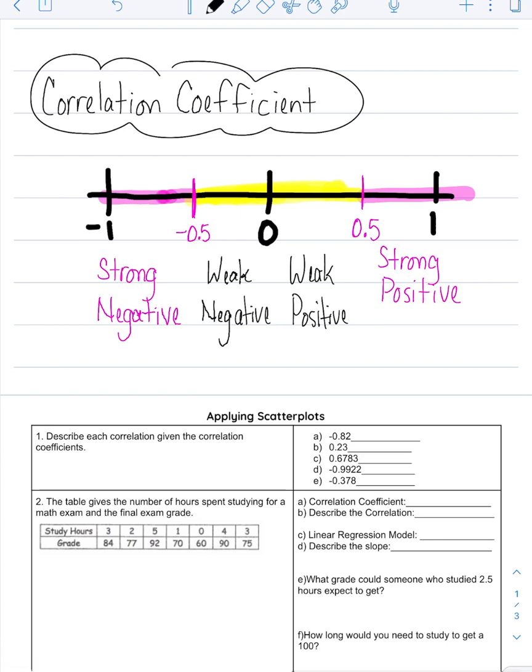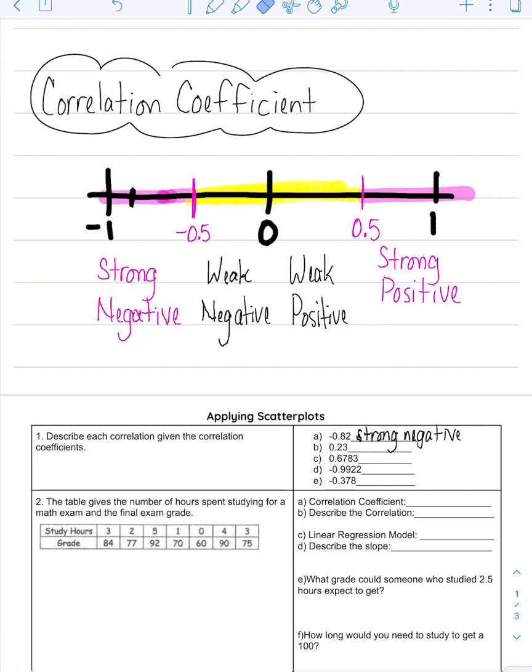Look at A, -0.82. If I were going to put this on a number line, it's going to be between -0.5 and -1, actually a little bit closer there. So I would say that is a strong negative relationship or a strong negative correlation.